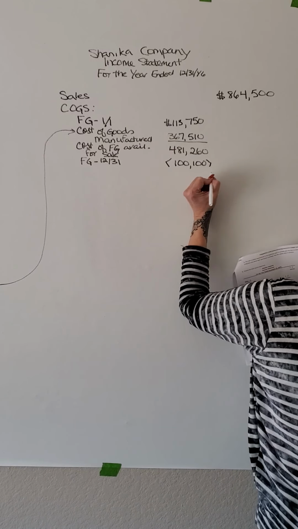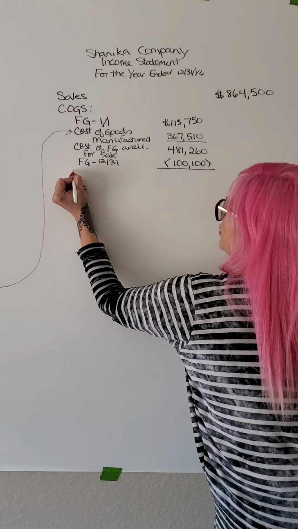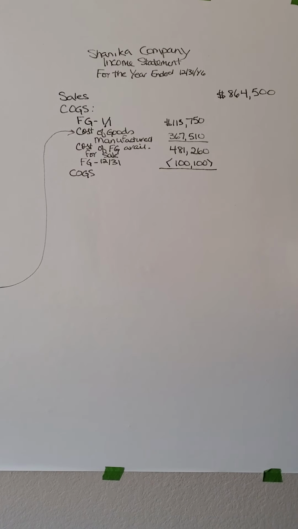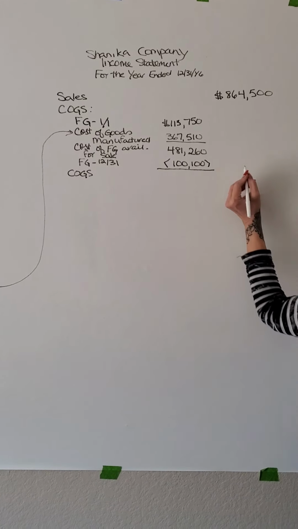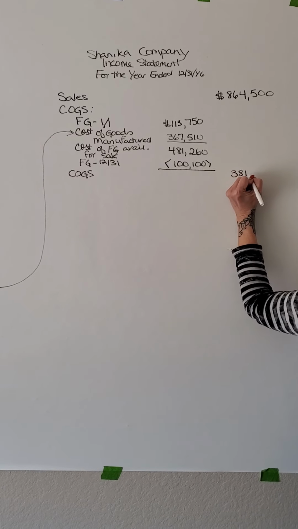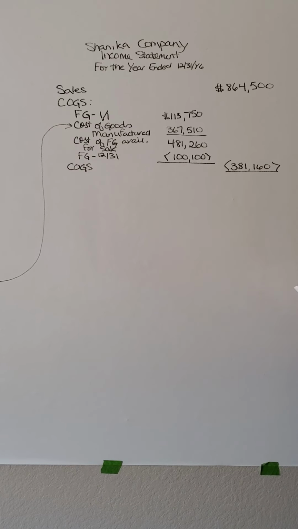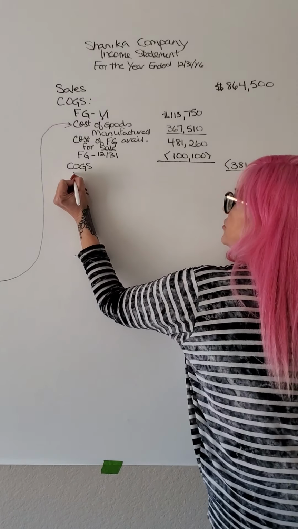And so that's going to give us our cost of goods sold. So cost of goods sold comes to $381,160. And of course, we subtract cost of goods sold from sales to get our gross profit.